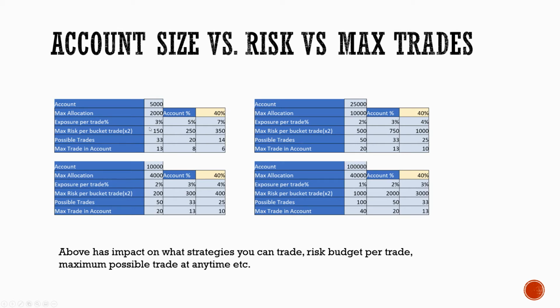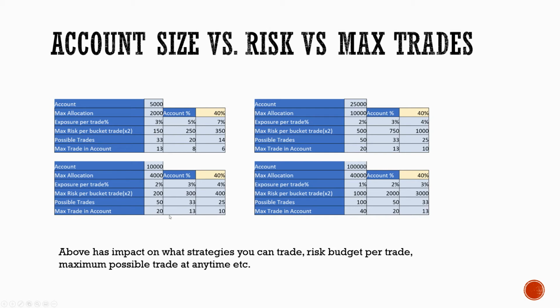Let's say you have a 3% risk amount per trade, which is 150 euros. It means at any time, you should not have more than 13 trades risking 150 euros each. This 40% is also on the higher side. Usually, people who are trading bigger accounts are in the 20 to 30% range.